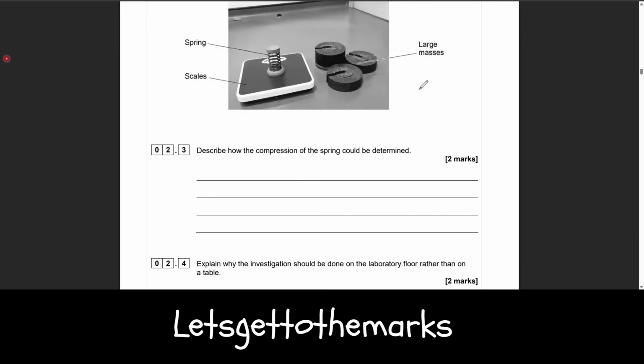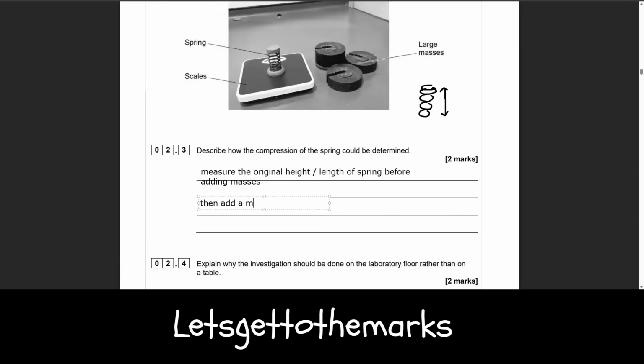Okay, so before we've added any weights, we want to measure the original height of the spring. We might call it length. So make sure you measure the original height before adding masses, keep the ruler straight, and so on.